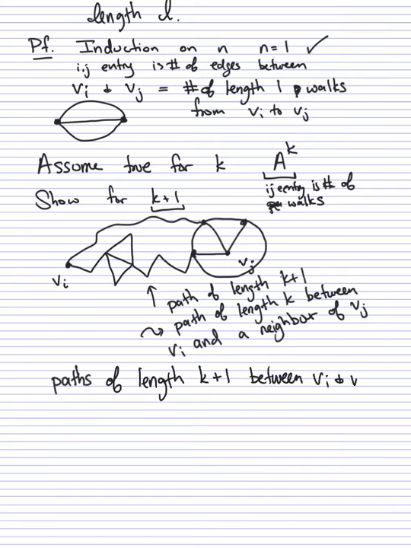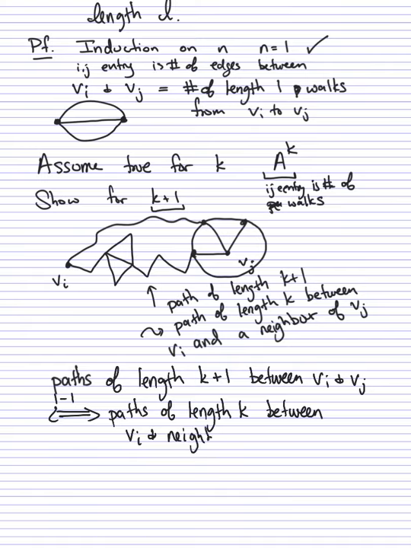The paths of length k plus 1 between vi and vj are in one-to-one correspondence with paths of length k between vi and neighbors, times the number of paths between vj and its neighbors.